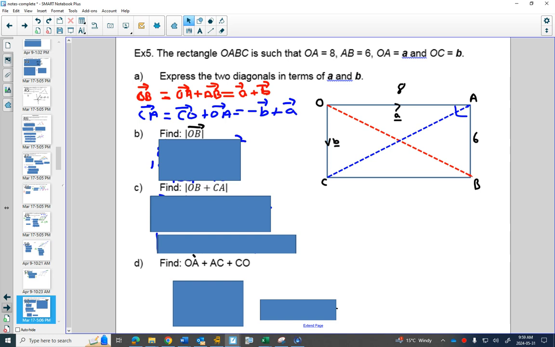And one of the things that you could do, when you're finding the length of O to B, is say, well, I know this is 8 and I know this is 6, so I can get A squared plus B squared equals C squared, and I get 10.